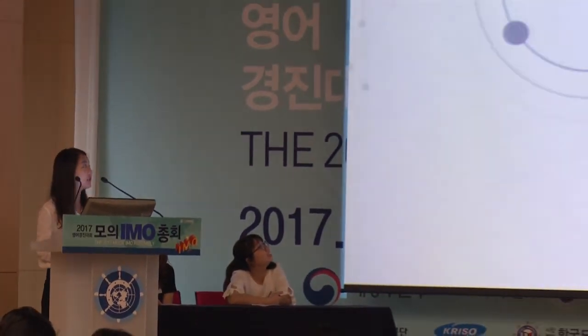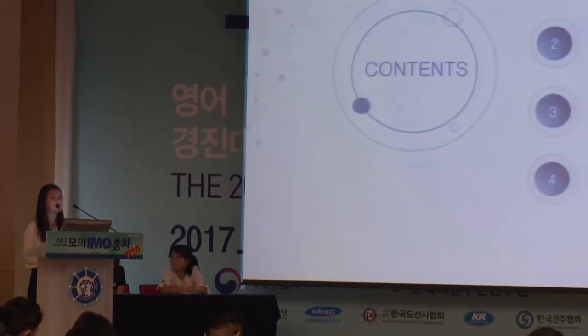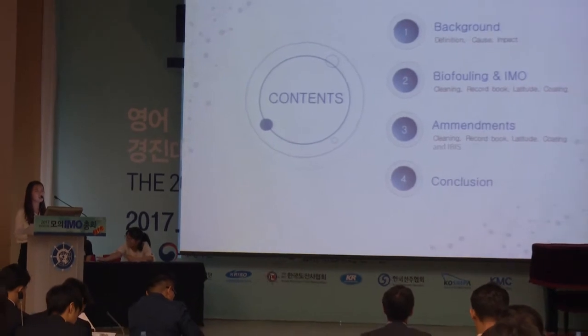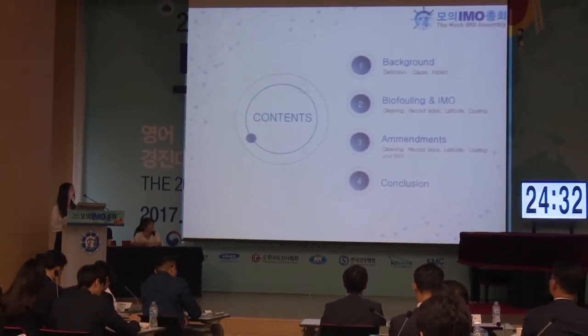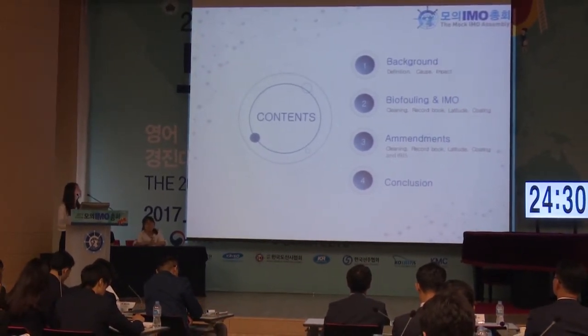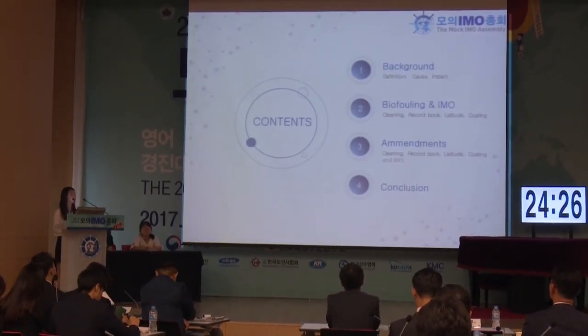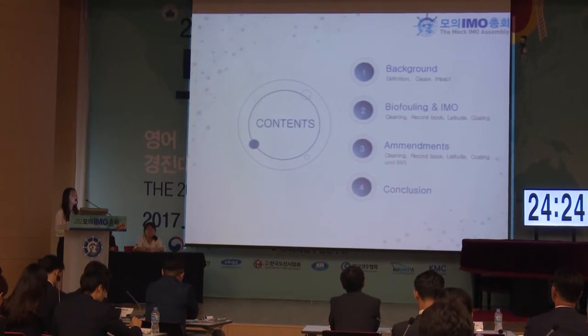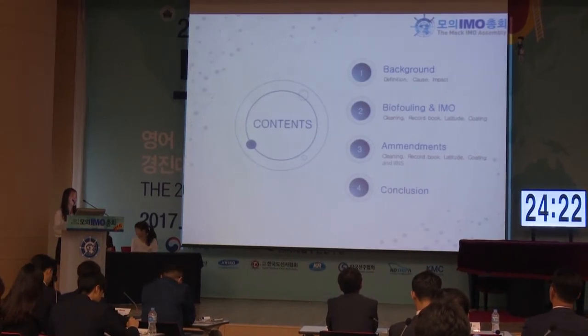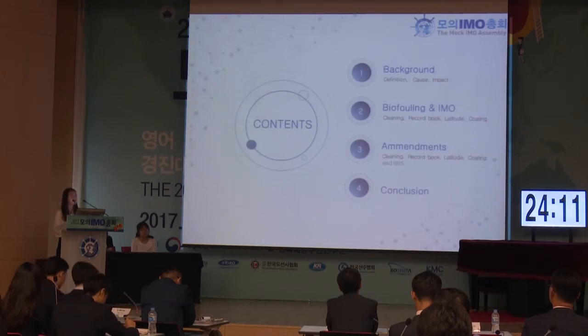In our presentation today, we are going to first go over the background by exploring the definition, causes, and impacts of biofouling, and then we will further discuss the resolutions that the IMO has proposed in order to reduce biofouling in 4 different aspects, including cleaning, record book, latitudinal restrictions, and coding. After that, we will talk about the amendments that we think should be made in those 4 different aspects in order to reduce biofouling more effectively.